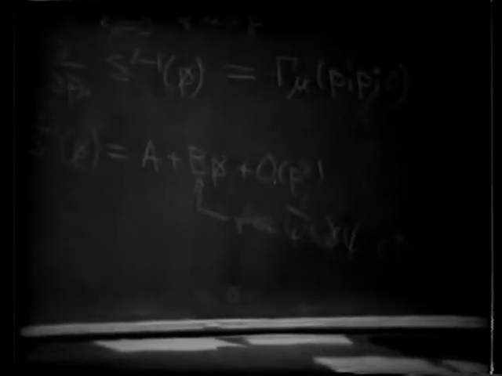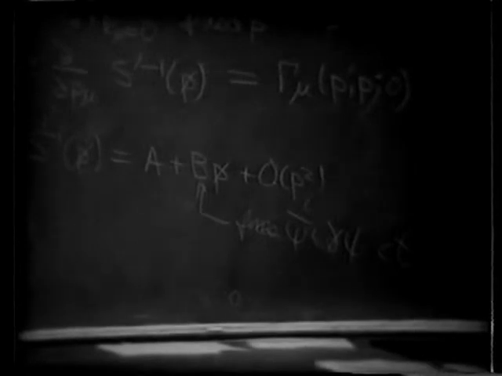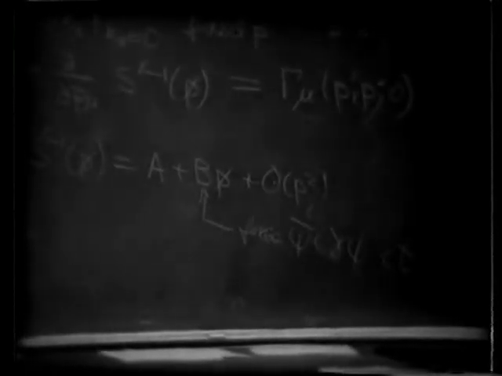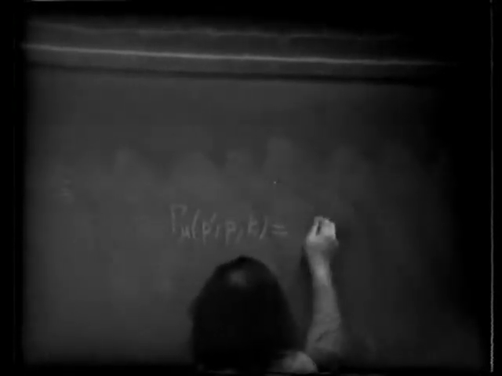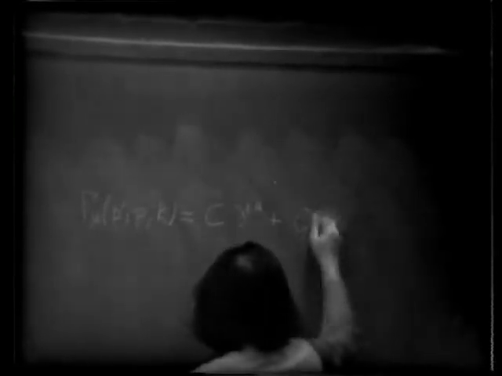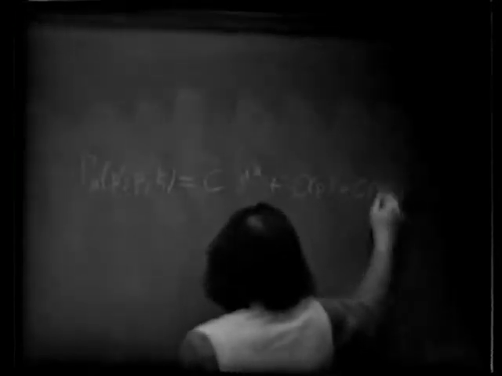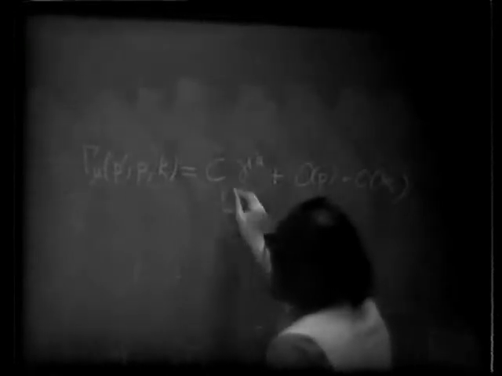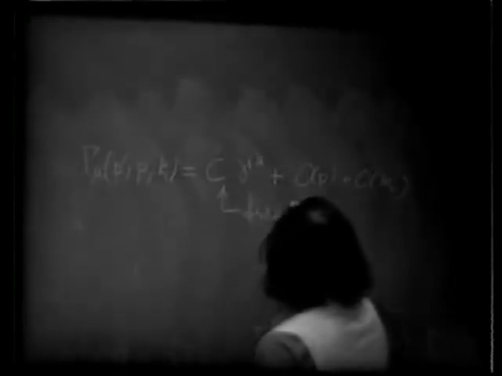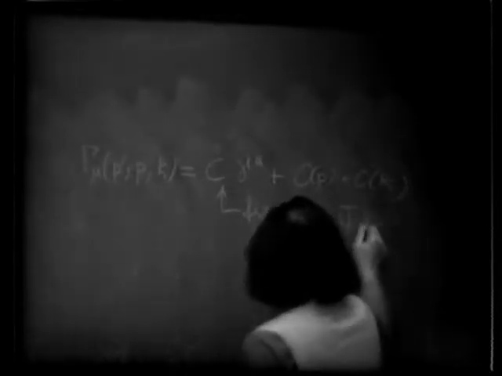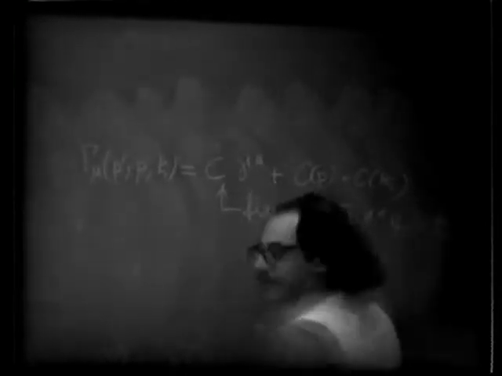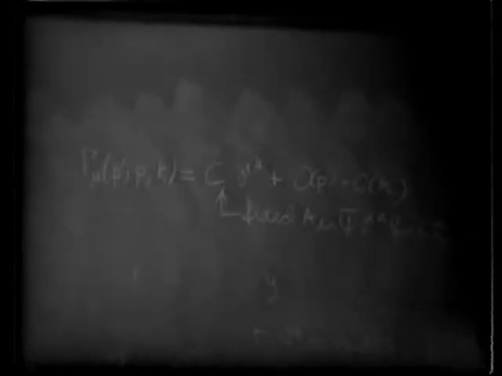Likewise, we can write gamma mu of P prime, P, k equals C gamma mu plus order P plus order K. We expand that about 0 and just keep the constant term. And this fixes this counter term. Right? Everyone sees that.